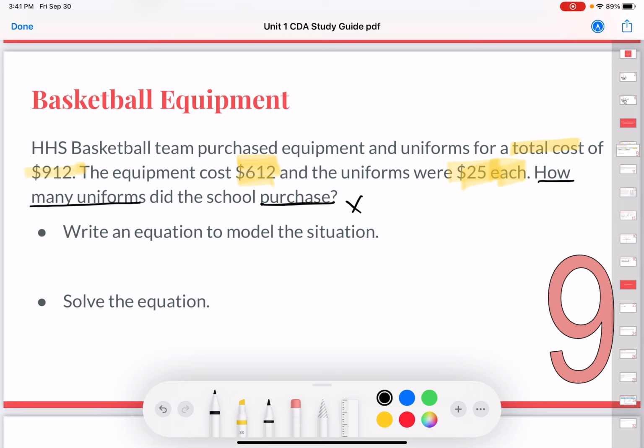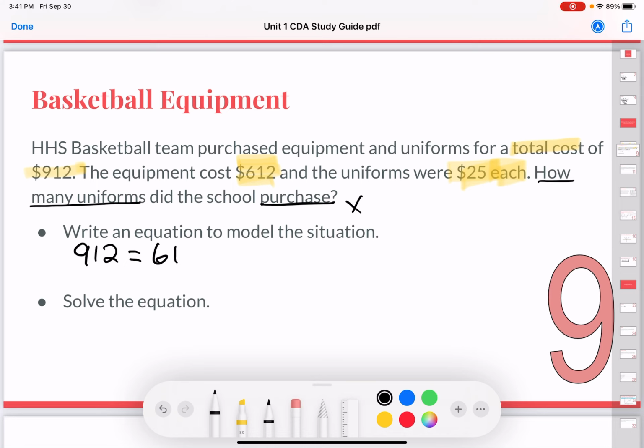I want to write the equation to model this situation. It's going to follow the same pattern that all of these do, which is, okay, I have a flat fee, and I have a recurring cost, and I have a total cost. So my total cost is going to be on this side of the equal sign. Everything else is what's adding up to give me that number.